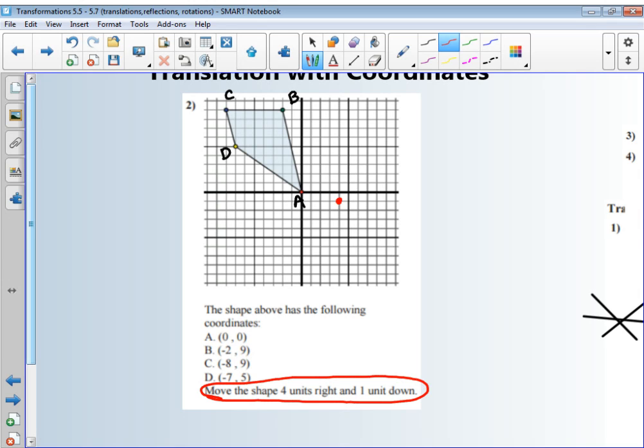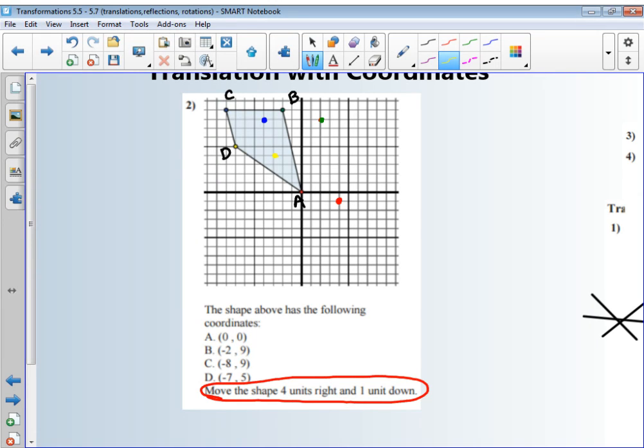So I'm going to go over 4 on my B up here. 1, 2, 3, 4, down 1. Whoops, I'm going to mark that the same color, sorry. There's my B. Okay, so for C, same concept, over 4. 1, 2, 3, 4, down 1. And for my D, over 4, 1, 2, 3, 4, down 1.